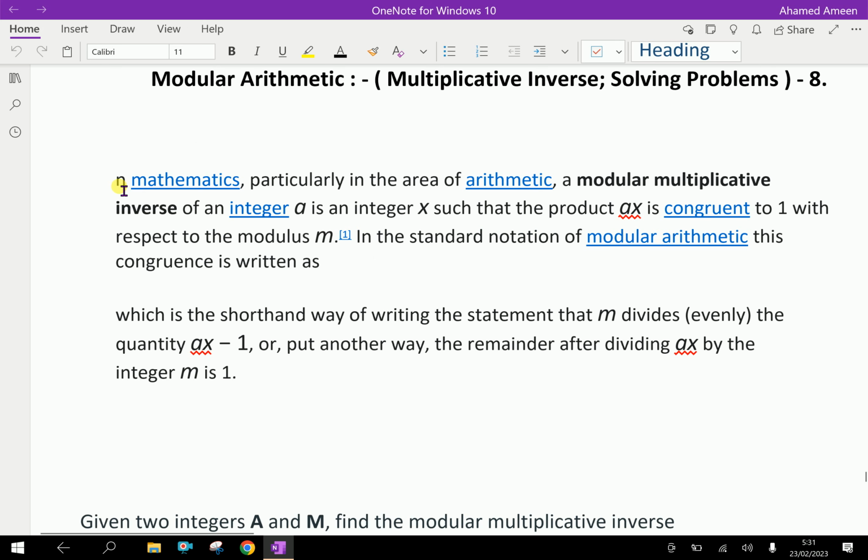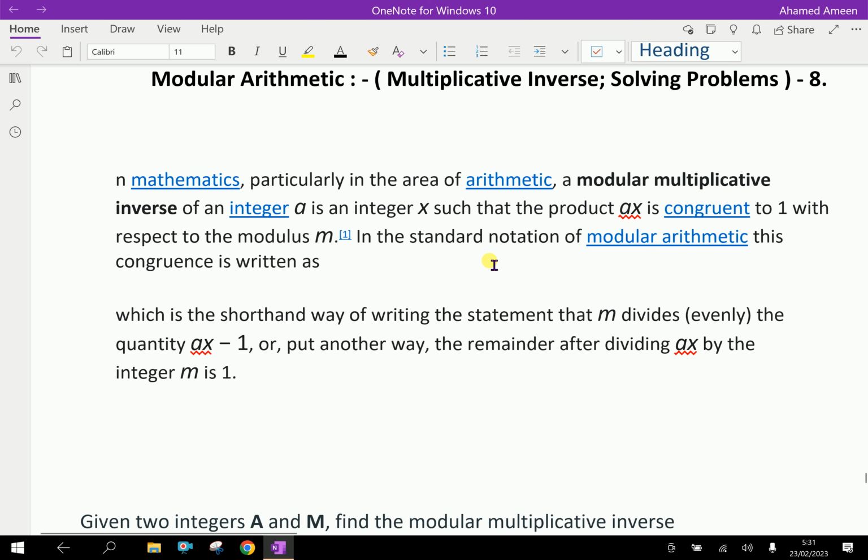In modular arithmetic, a modular multiplicative inverse of an integer a is an integer x such that the product ax is congruent to 1 with respect to the modulus m.